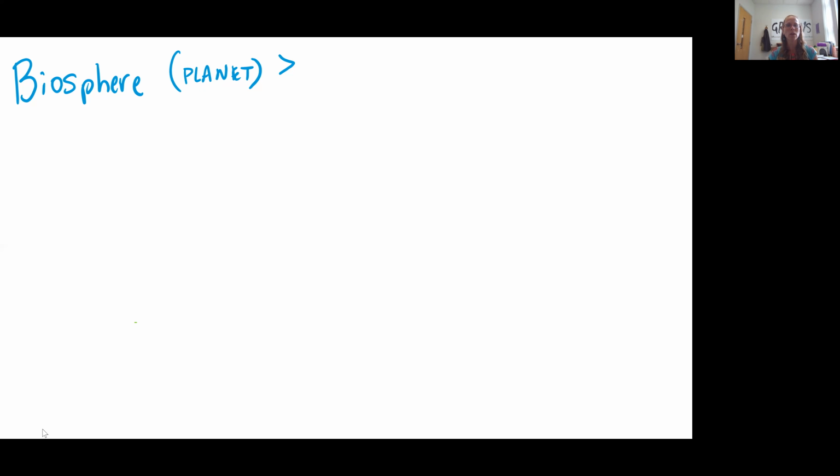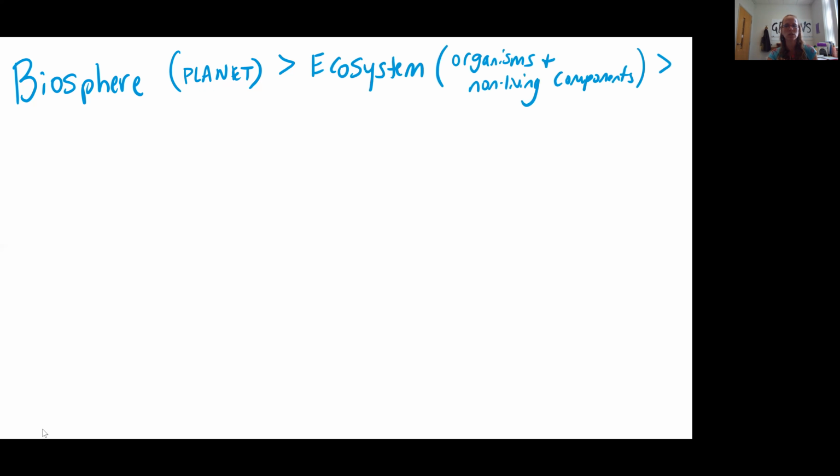This would include your atmosphere, and this would include all of the different ecosystems on the planet. The term ecosystem refers to the organisms that live in a particular area, but also non-living components. Non-living components would be things like soil and rock, minerals, temperature and rainfall and sunlight, so things that are going to affect the life itself.